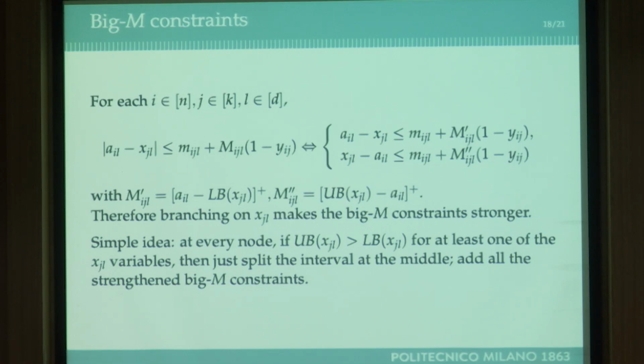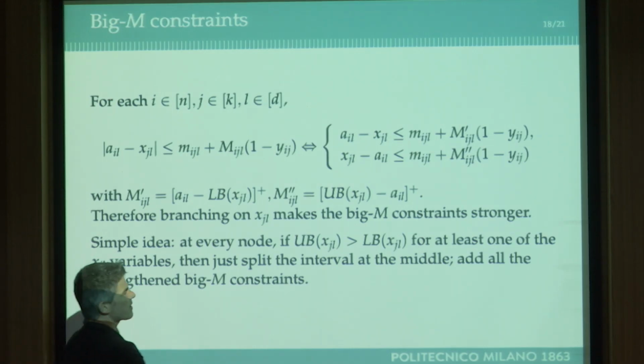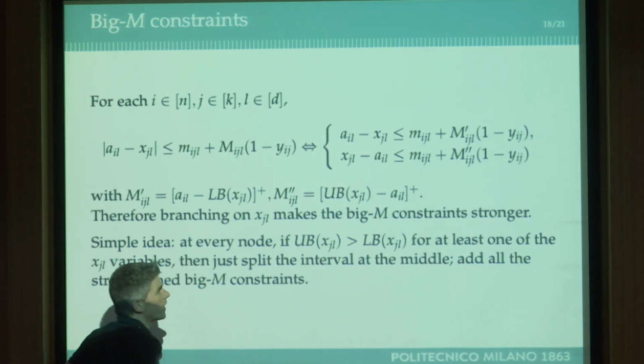So clearly, instead of relying only on the binary variables Yij, which are the only binary variables here, so this is what any MIP solver would do, I would like to branch on the xjl variables.